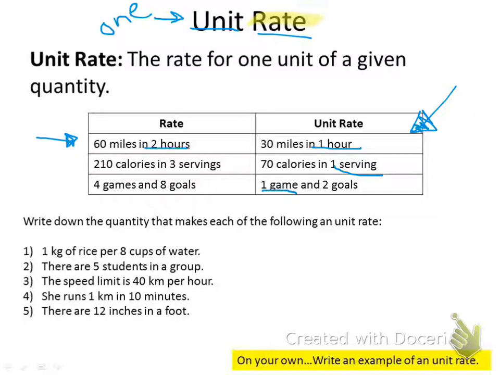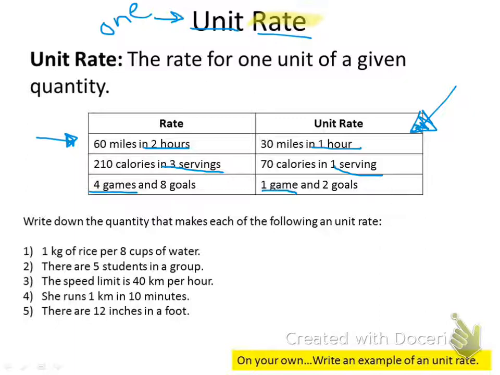There are 2 hours, 3 servings, and 4 games. Whereas in the unit rate section, it's 1 hour, 1 serving, and 1 game. In class, we'll talk about how to convert from rates to unit rates and how to use these tools. But for now, tonight, you're just getting used to the idea of them.